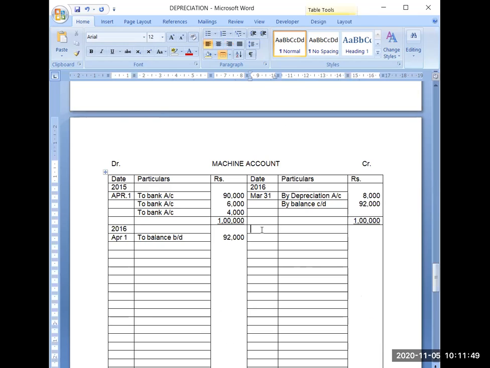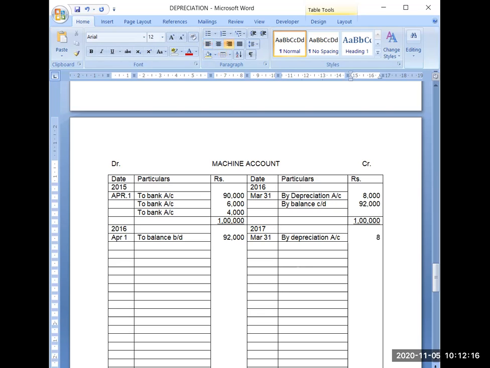Now, during this whole year, there is no more transaction in the machinery account. That's why I will simply charge depreciation on the closing date. The closing date will be 31st March 2017 now. March 31, 2017. Here I will be charging again the depreciation, by depreciation account.